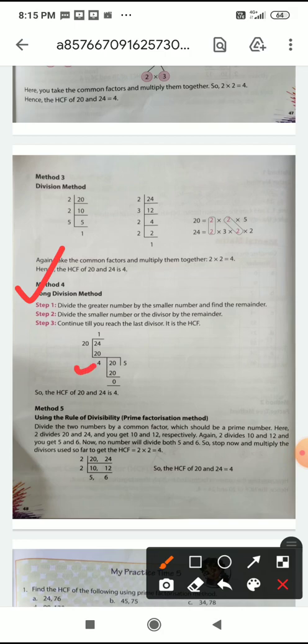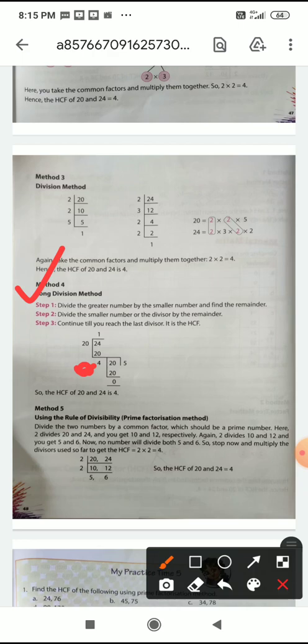Divide the smaller number, or divisor, by the remainder. In the second division, this remainder is now considered as the divisor. We continue like this until we get 0.